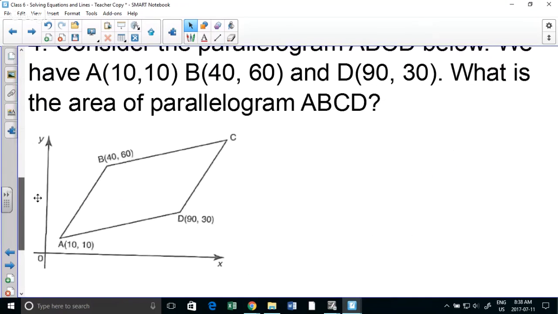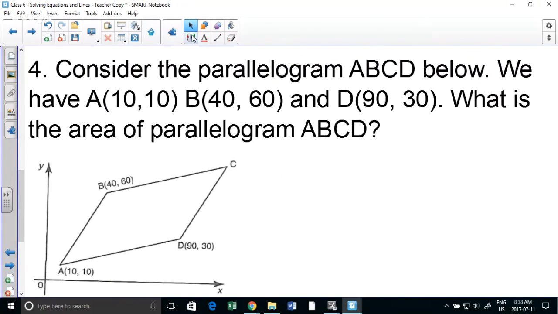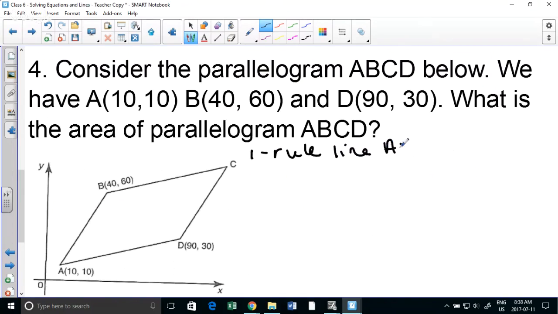So I left you the steps to complete this problem. Step 1 was the rule of line AD.